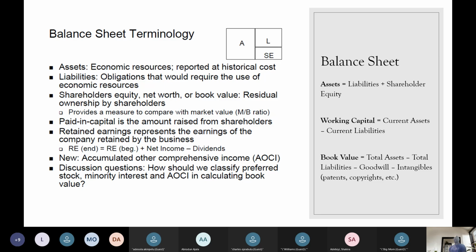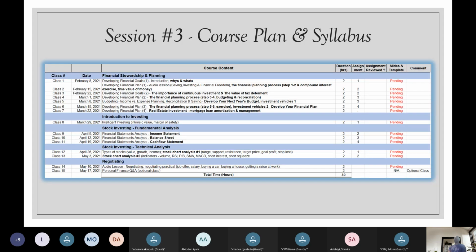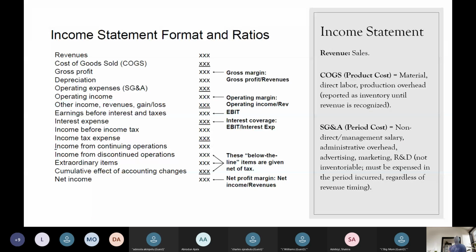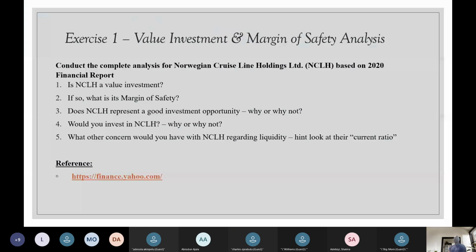So when you're looking at your financial analysis in the assignment or exercise that I gave us, the last question says, what other concern will you have about NCLH? And I said, look at their current ratio.